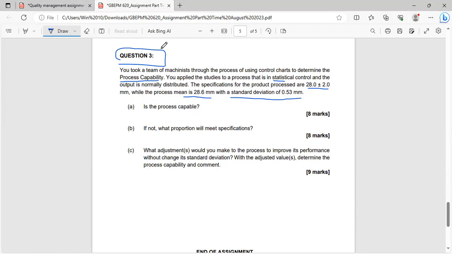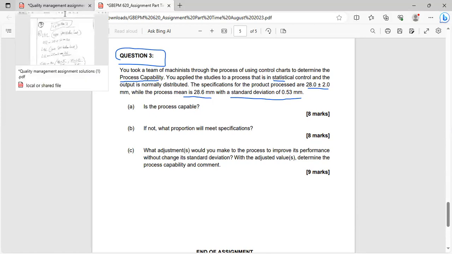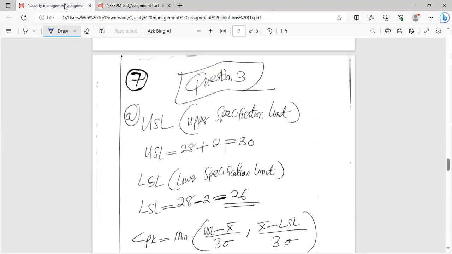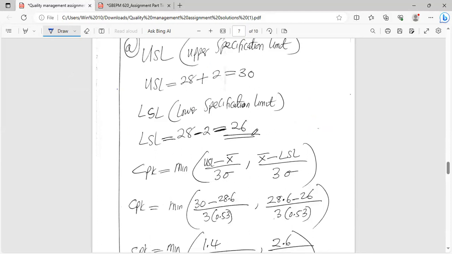So to determine if the process is capable, we are first of all supposed to calculate the upper specification limit and the lower specification limit. For the upper specification, we add, and we are getting 30. The lower specification, we are getting 26.